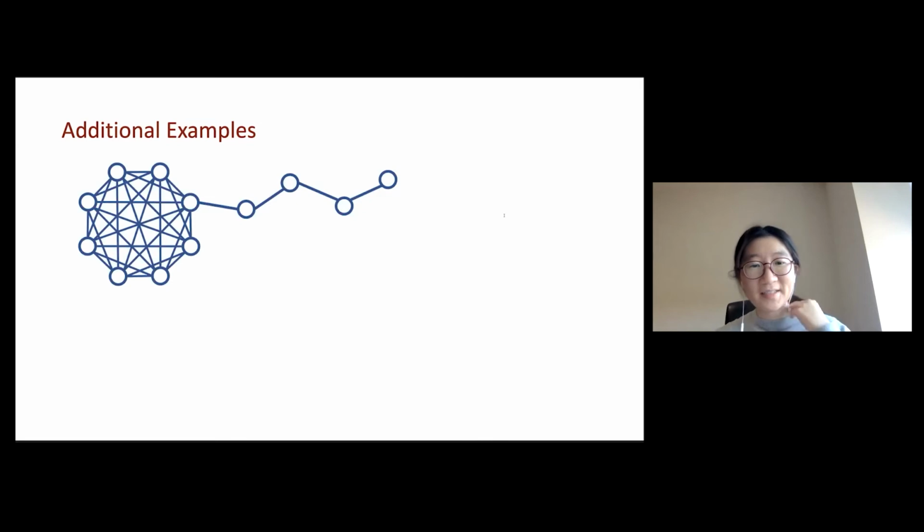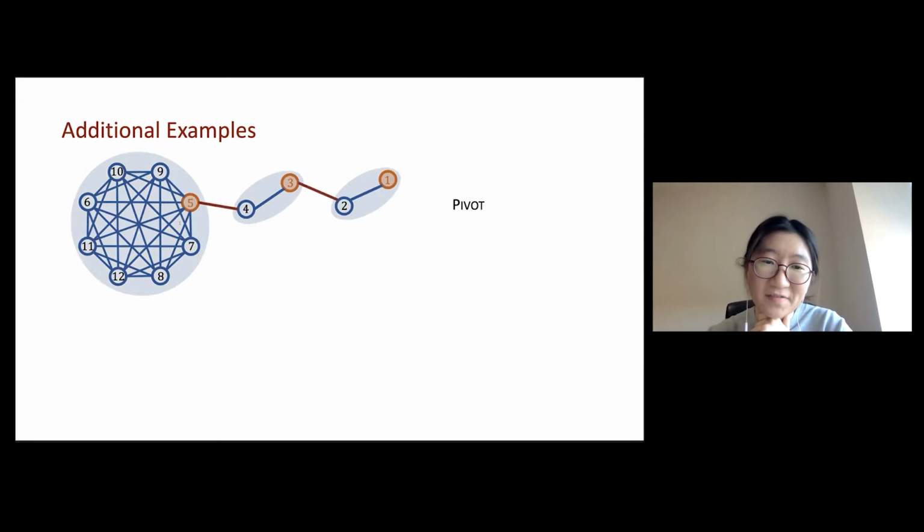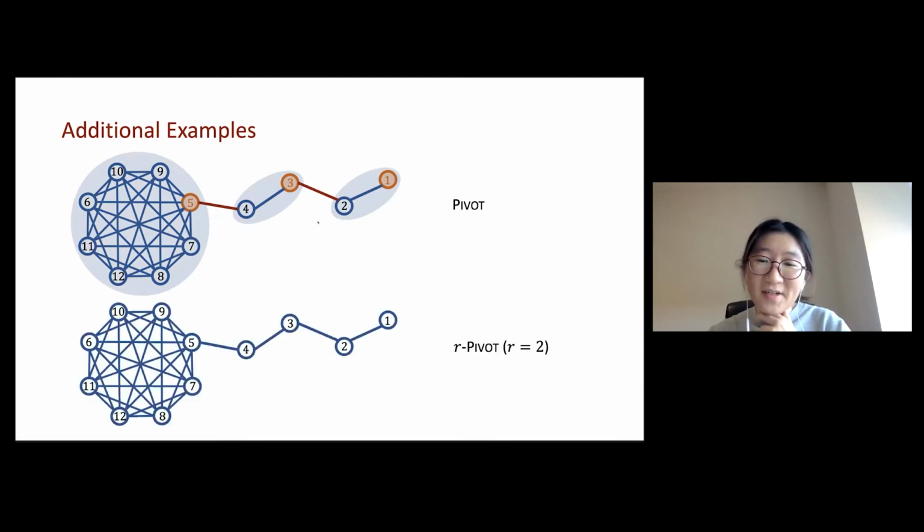But now if we look at this particular graph, where we have a large clique with a path attached to one of its vertices, and let's fix this particular permutation of the vertices, we can see that this is the output of pivot. It will produce 3 clusters, and the number of mistakes it makes is 2. On the other hand, if we run our R-pivot algorithm for 2 rounds, then the only pivots that are discovered will be this vertex 1 and this vertex 3.